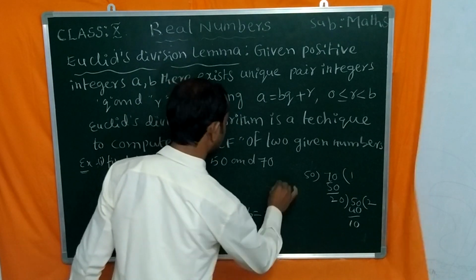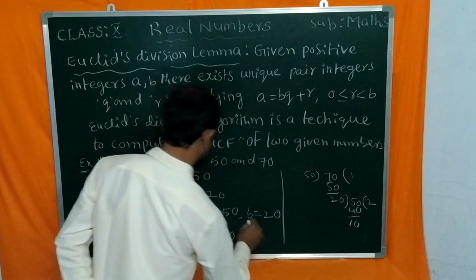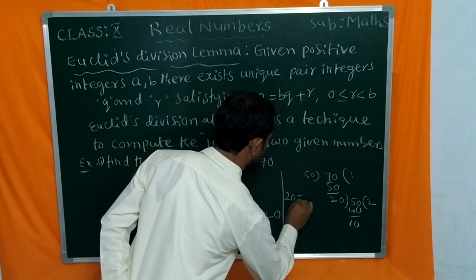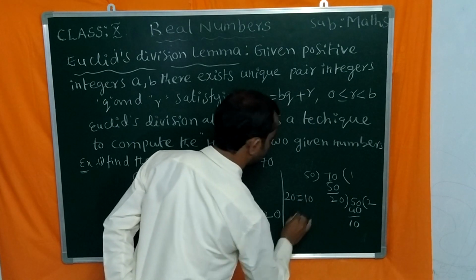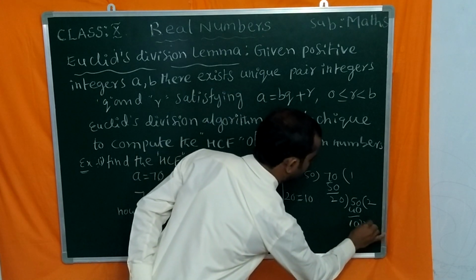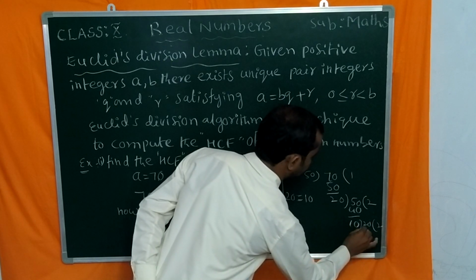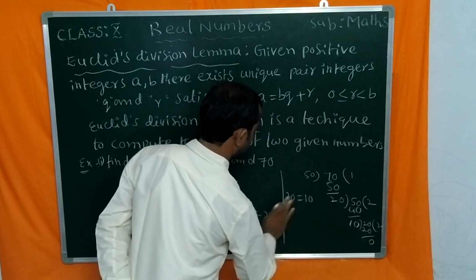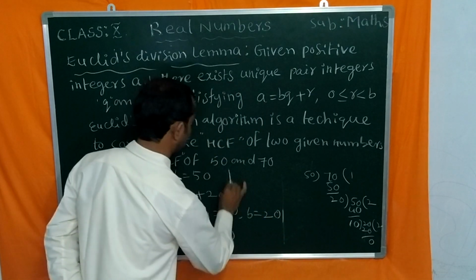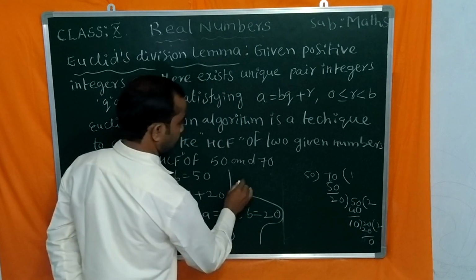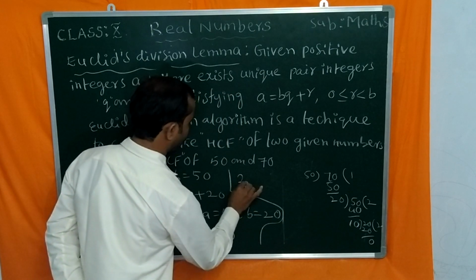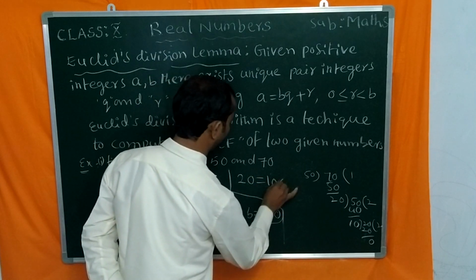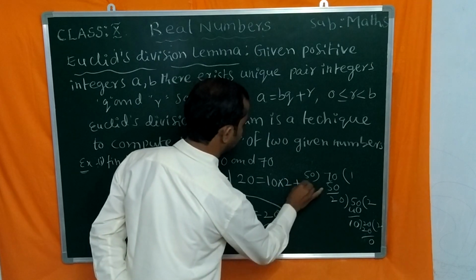20 divided by 10: 10 twos are 20. Remainder 0. So here a equals 20 and b value 10, 20 equals 10 into 2 plus remainder 0.